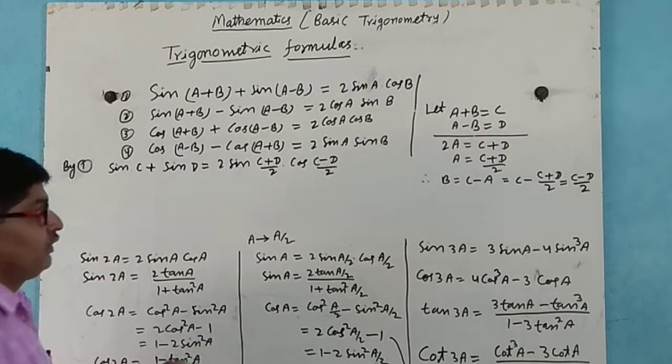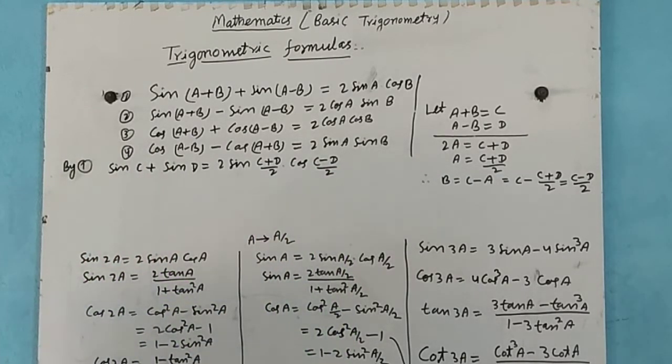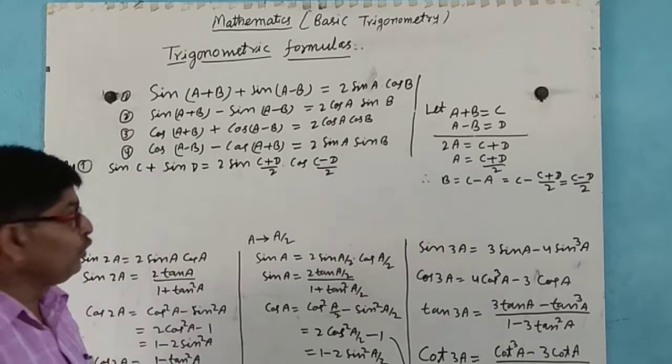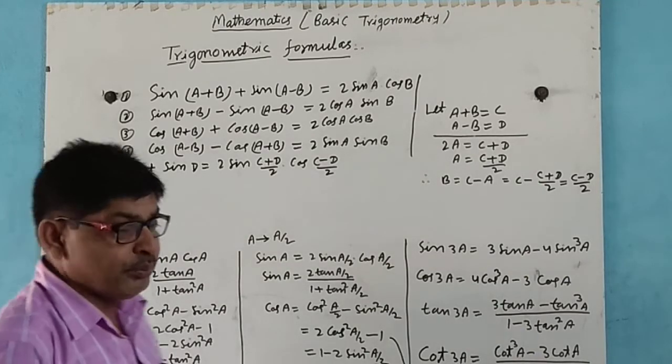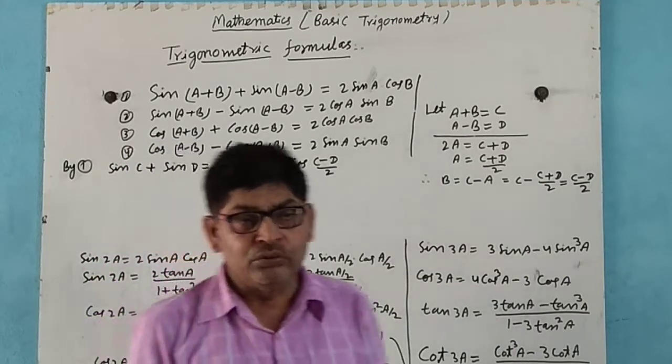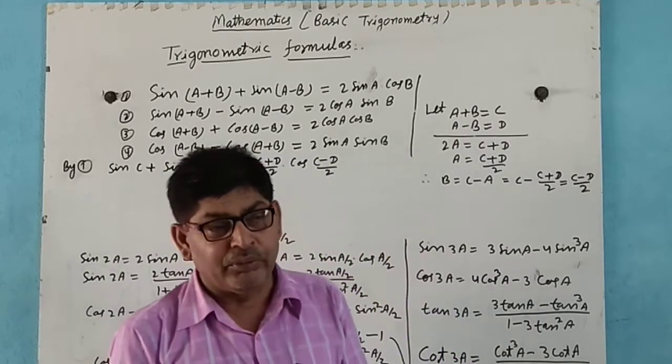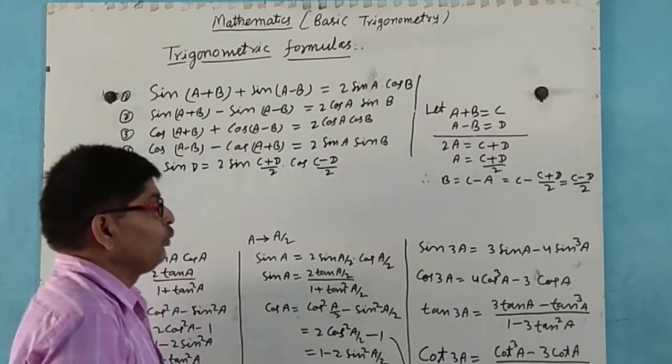This formula becomes sin C plus sin D equal to 2 sin (C plus D) by 2 into cos (C minus D) by 2.